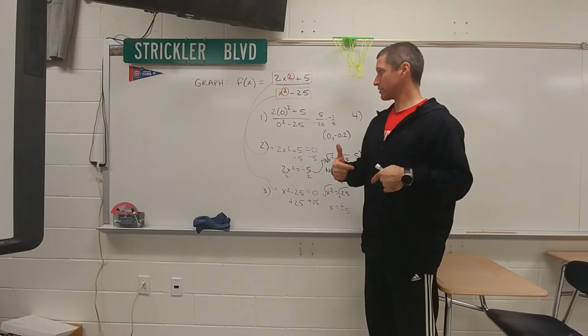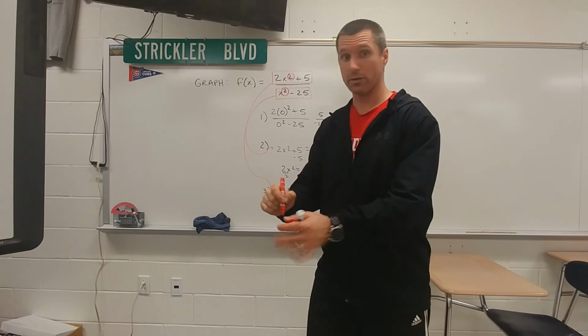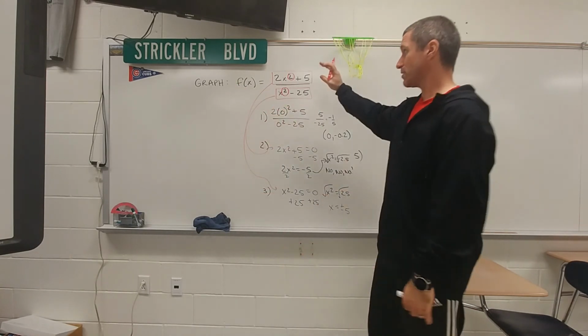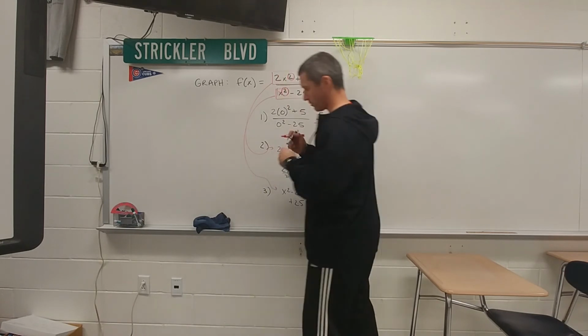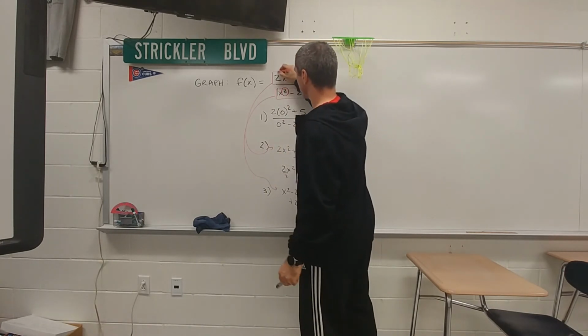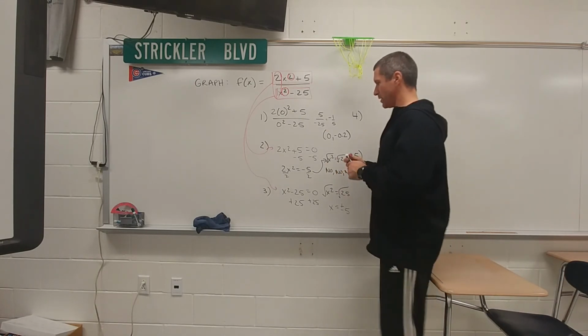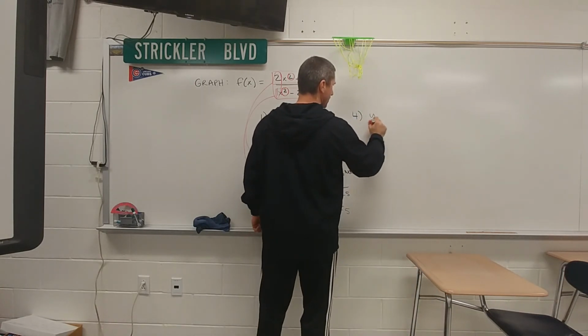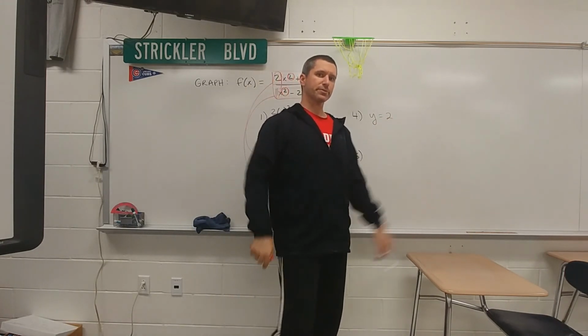So let's go to the next one, which says if n equals m. Did you write that down? Okay, good. So if the degrees are equal, then it's about the coefficients of those terms. You see that 2 over 1 right there? So it must be y equals 2. That is where your horizontal asymptote is.